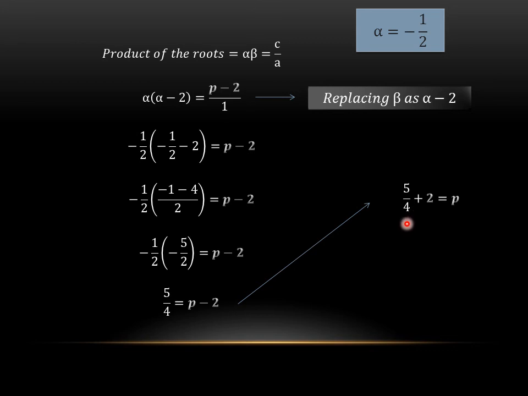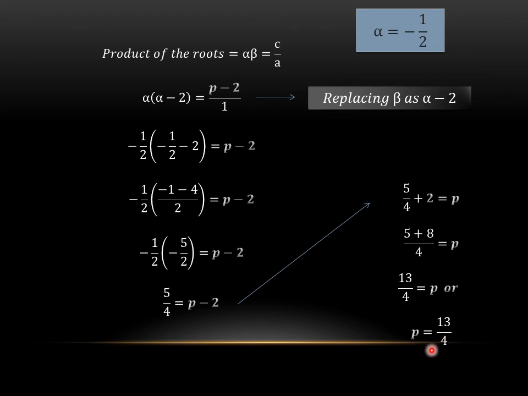Again, we are going to take the LCM here, 5 by 4 plus 2 over 1. The LCM will be 4, multiplying it, 5 plus 8 equals p. The answer of p will be 13 by 4, or keeping p on the left side, the equation will become p equals 13 by 4. That is the value of p.